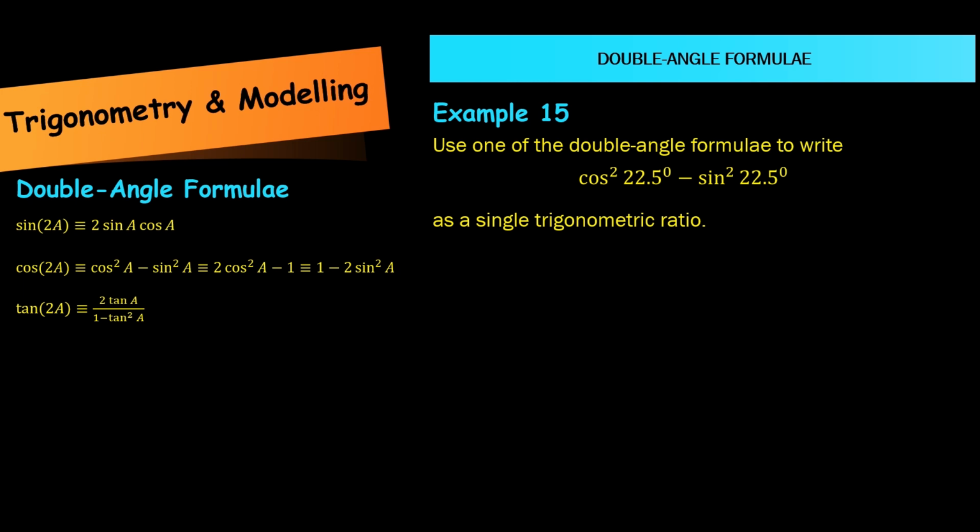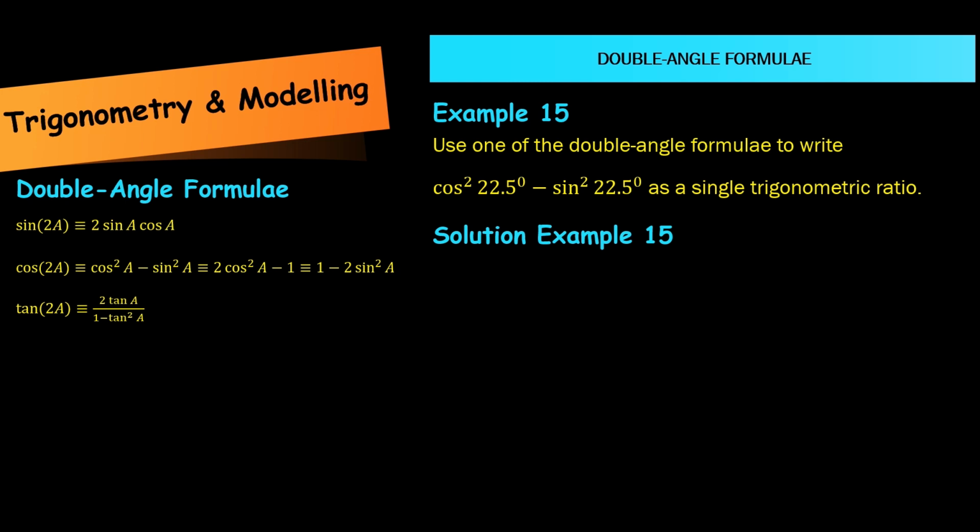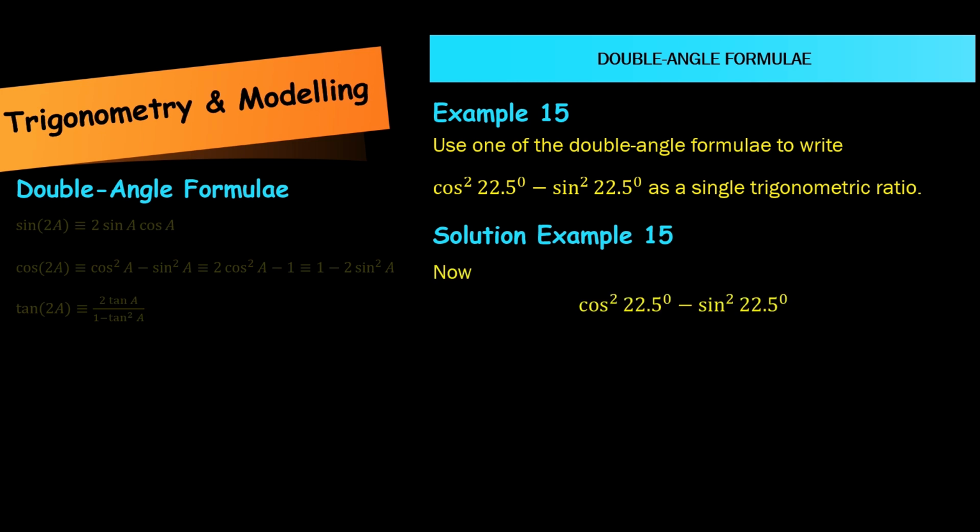So let's solve this. The formula which will best fit this example is cos, since we have cos 2A is identical to cos squared A minus sine squared A, and therefore we can apply this to this example.